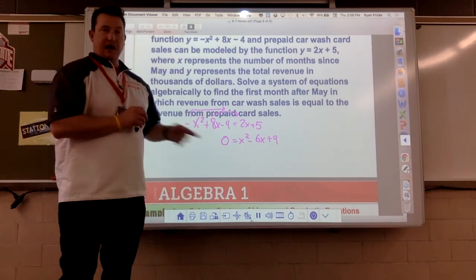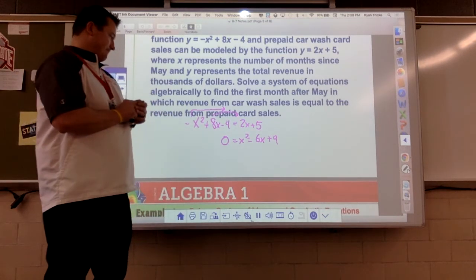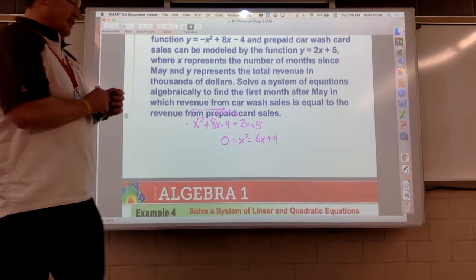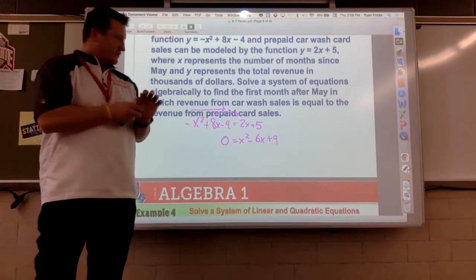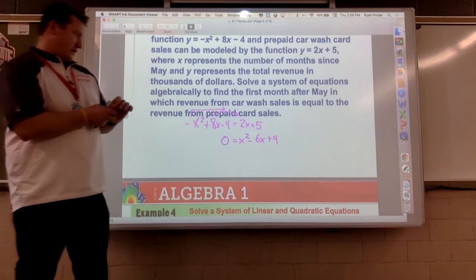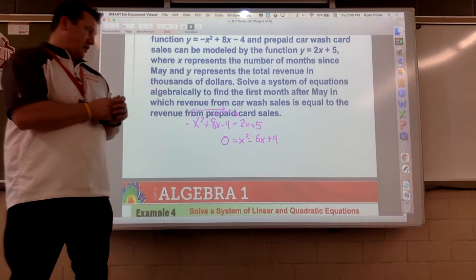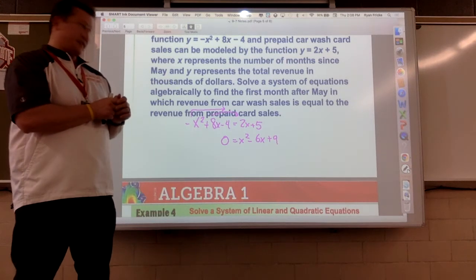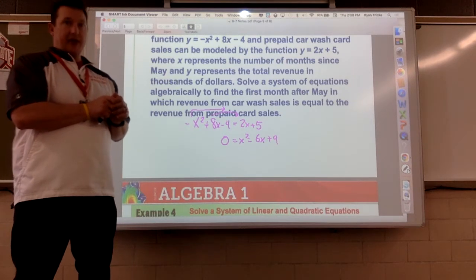We need to solve this however we want. My first thought is factoring, because I think factoring is pretty quick, pretty painless. So factors of 9 that add up to negative 6. Yeah, I think there is a pair.